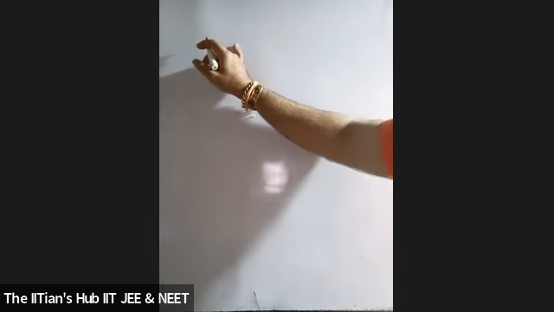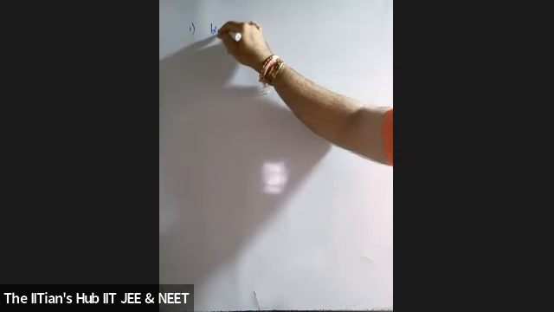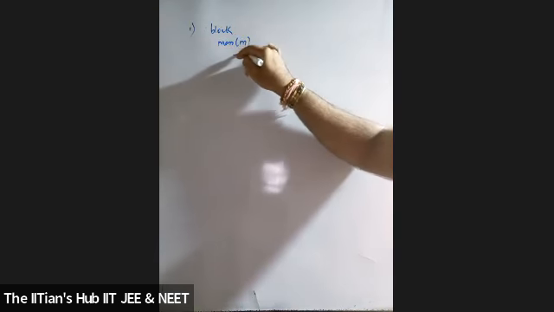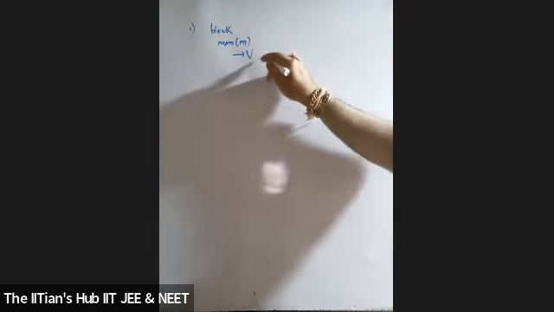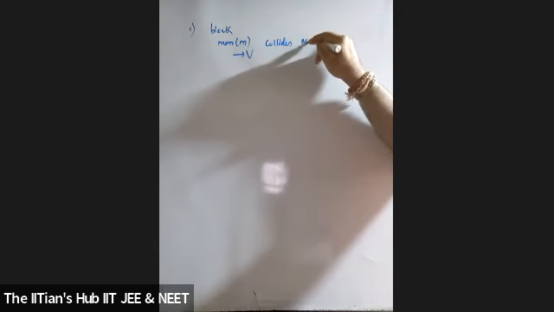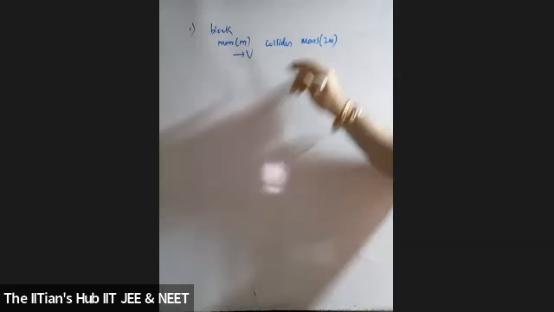Now, two more questions. These are slightly on the easier side. Let's see if you can crack it or not. A block of mass m moving with the speed of v collides with another block of mass 2m at rest.